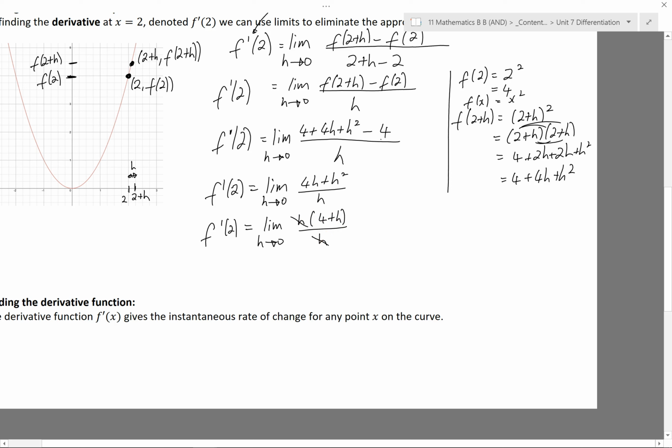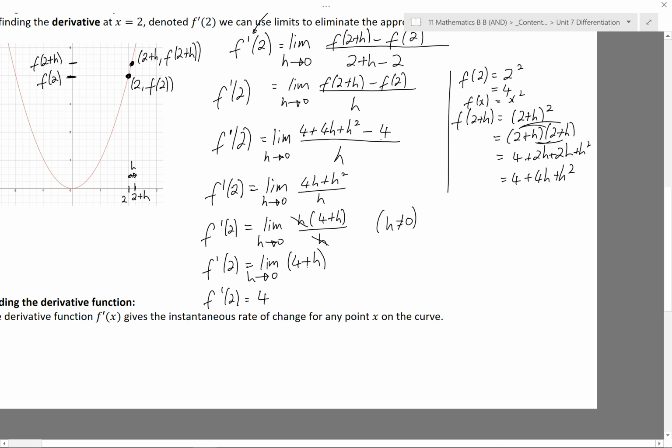I can now cancel these factors of h as long as h isn't 0. And I'm left with the limit as h approaches 0 of 4 plus h. Now I can substitute in my h value, and I'm just left with 4 plus 0, which is just 4.